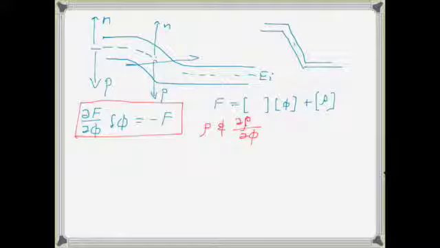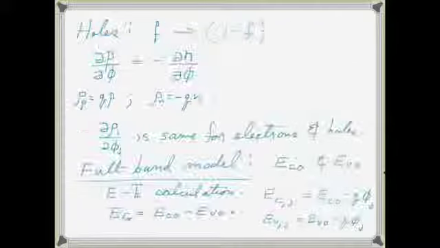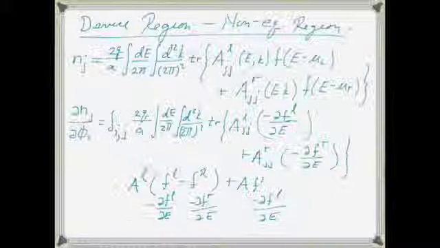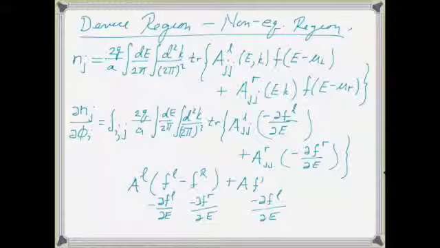But if you look, the equation for n and p and the equation for dn d phi and dp d phi were almost the same equation, except I just replaced f by negative df de. If I go back and look at all these equations, all I do to get dn d phi is, everywhere I saw an f, I replace it with negative df de.